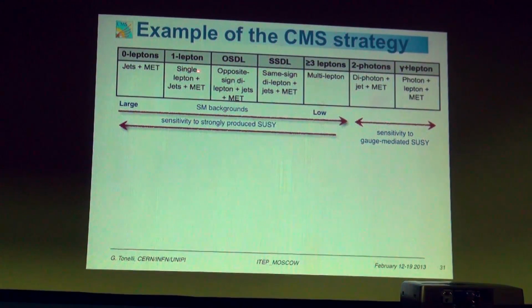If you add a lepton, or 2 leptons, and increase the number of leptons, you see the background decreases, since it's very unlikely that the standard model background produces 2 or 3 leptons. You have, for example, the t-tbar background, but if you increase the number of photons or leptons, you decrease the background, but clearly the statistics becomes very low.